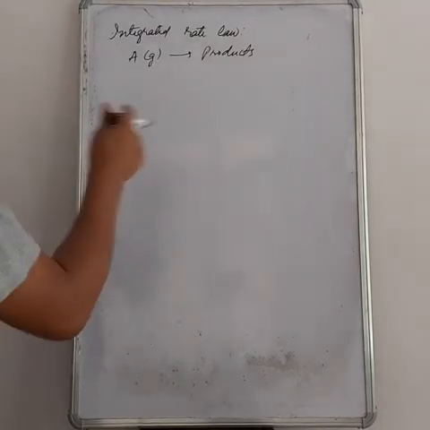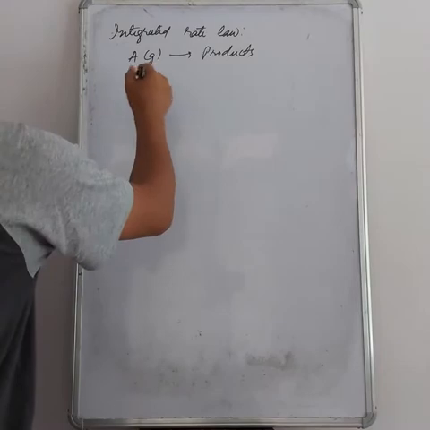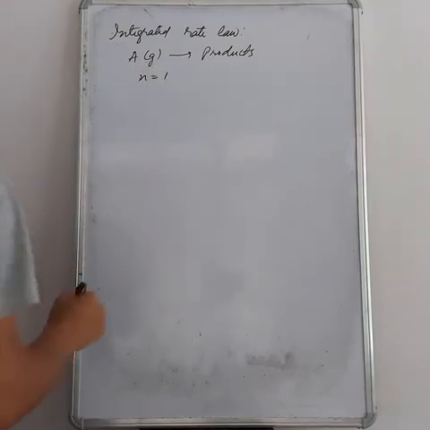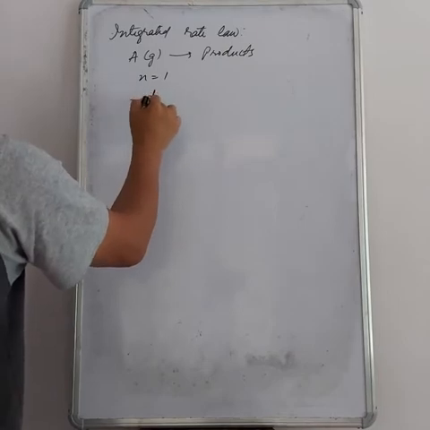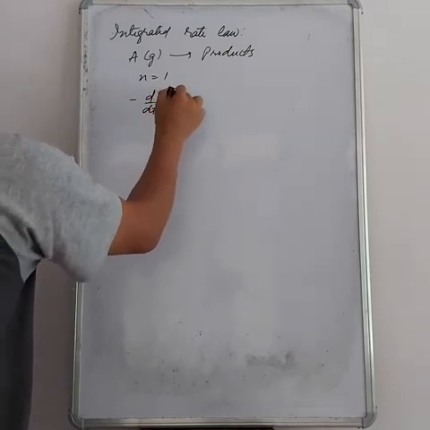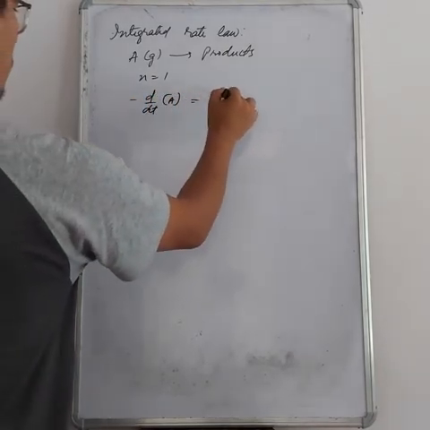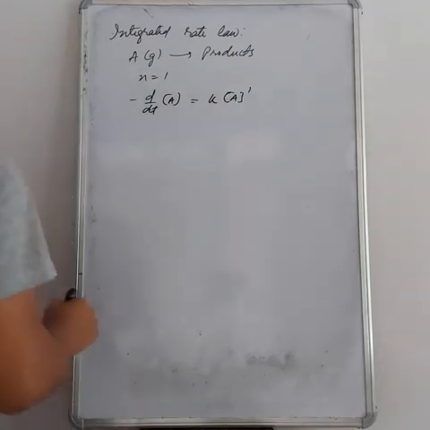Similarly, for the same reaction, when n is equal to 1, that is for a first order reaction, our rate, negative d[A] upon dt, will be equal to k into A raised to the power 1.